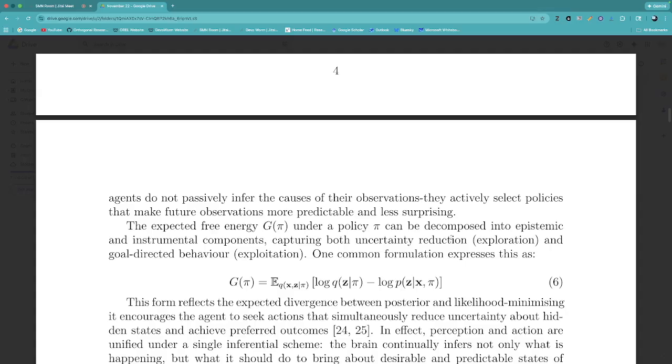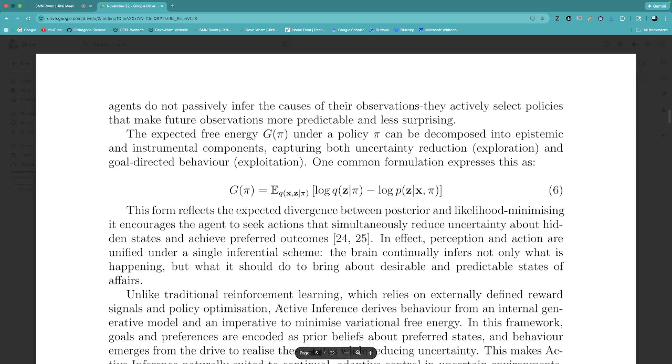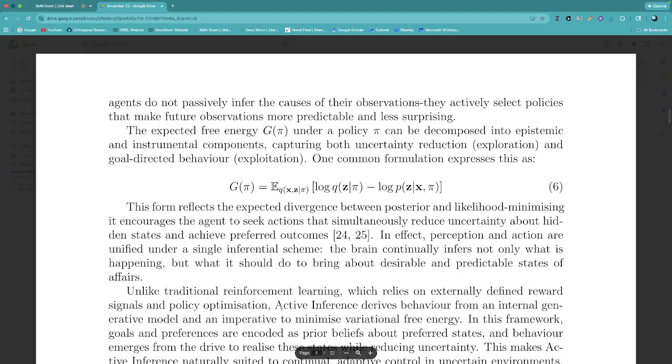One common formulation expresses this in this term, which we've seen before, but now we're adding in this expected free energy. And so this form reflects the expected divergence. So this is like what we saw with the KL divergence, or the log likelihoods expressed as KL divergence, but now we're talking about free energy.